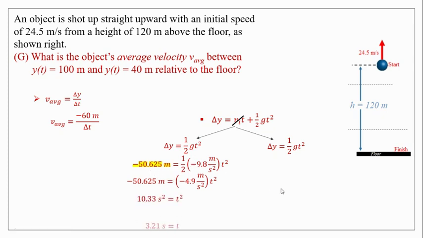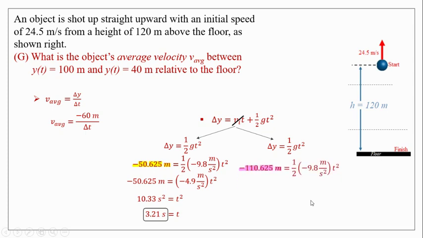So if you simplify all this, again, 1/2 times negative 9.8 is negative 4.9. Then to get t squared by itself, divide both sides by negative 4.9, which leaves you with 10.33. And then to solve for t, radical both sides, and the radical of 10.33 gives you a value of 3.21 seconds. So again, I'm starting at the very peak. It fell down 30.625, but to get to 100, it's going to fall an additional 20, which is negative 50.625.